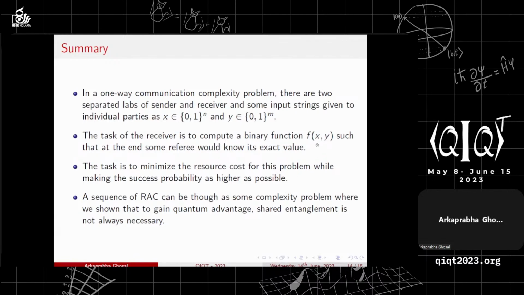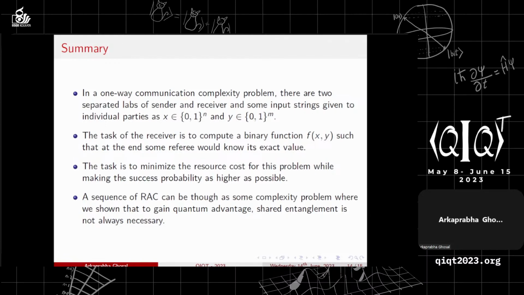If Bob's computed value matches exactly with the referee's, then we say that in that game Bob wins with some probability. If the average success probability is greater than the classical bound, we say that we gain some quantum advantage in this communication complexity problem.